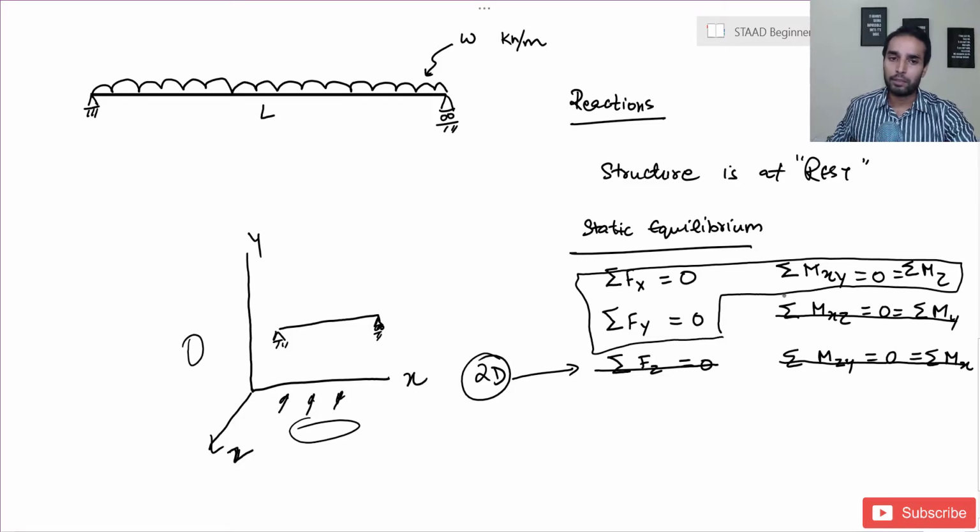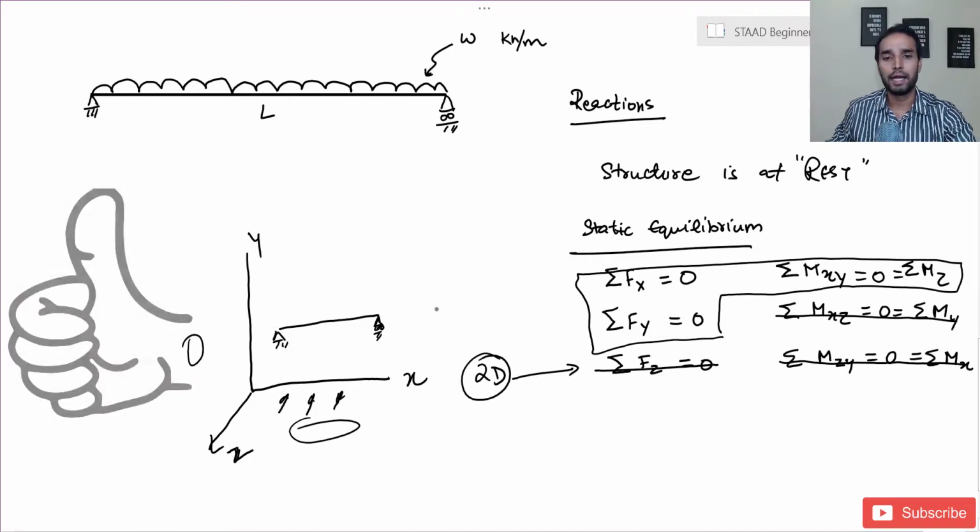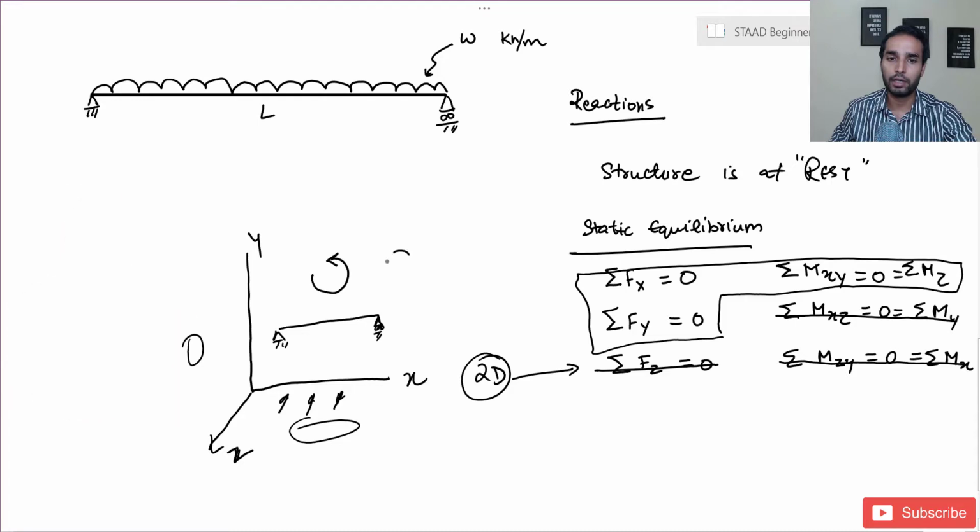Now one simple thing, why we call it as Mz, this comes from the right hand rotation rule. So if you just fold your fingers along the direction of the moment, so for example, all the moments we are talking about in the xy plane are either in this direction or in this direction. When you fold your fingers in this direction, wherever your thumb points, that is the direction of the nomenclature we give.